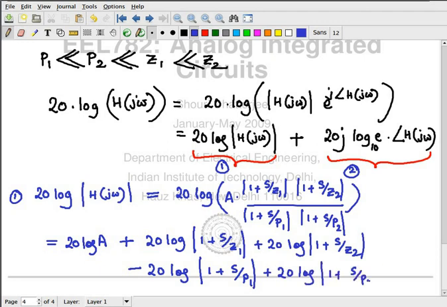Now, one mistake that I've made over here is that we have forgotten to replace s by j omega. So please pardon me. I'm going to replace s by j omega in the last quantity.